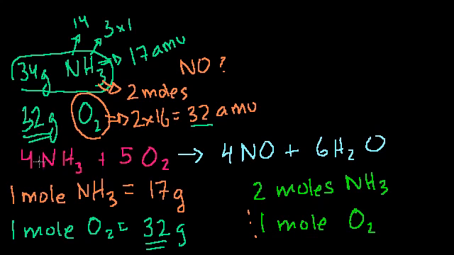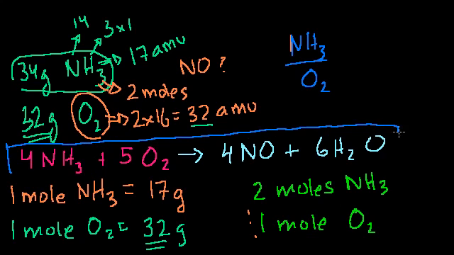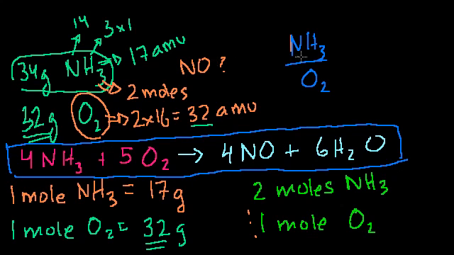In an ideal world, if we had 2 moles of ammonia, we would need 2.5 moles of oxygen. The ratio of ammonia, NH3, to oxygen in our balanced equation, let me put that in a box so you know this is the most important part of what I'm writing, is 4 to 5.